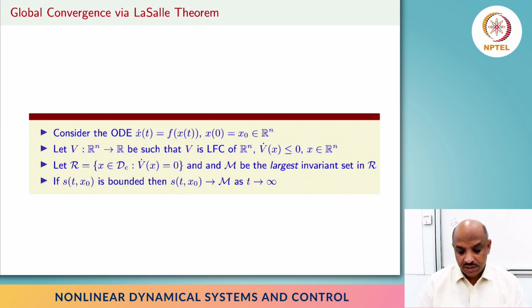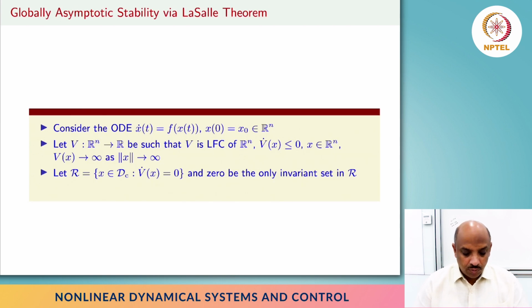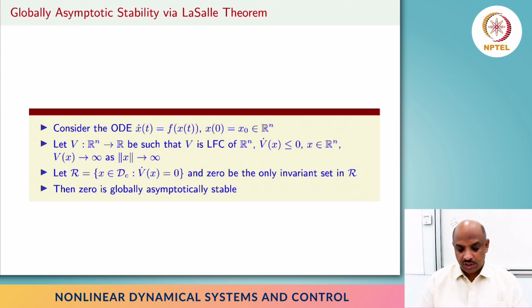It's simply global convergence. If f of 0 is 0, then we can conclude Lyapunov stability, but not beyond that, right? If you want global asymptotic stability, then we need the additional condition that V of x goes to infinity as x goes to infinity, and that 0 is the only invariant set in this set. Right? Then 0 is globally asymptotically stable.